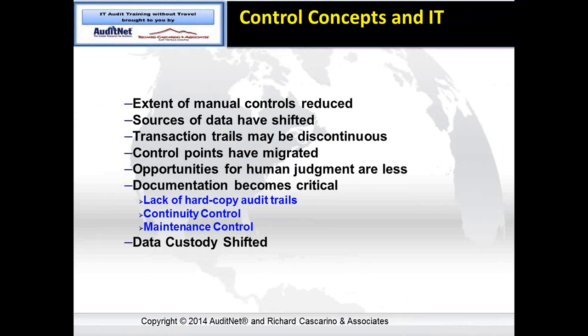As I said, control points have migrated inside the box, and the opportunities for a human being to look at something and say that's wrong are much less. So we're now trusting our systems, and your documentation becomes critical. You don't have hard copy audit trails. You may or may not have continuity control. And overall, the data custody has shifted out of the control of management into the box.